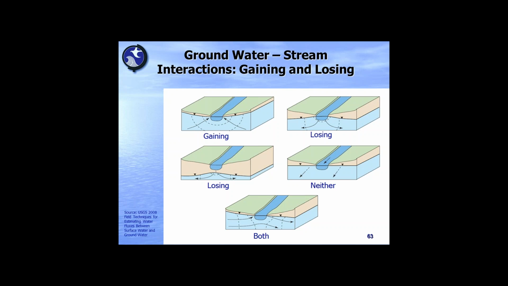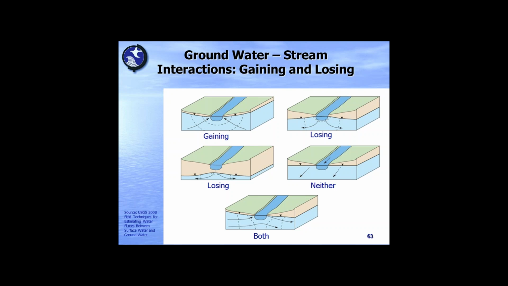There's also a situation where the groundwater gradient parallel to your stream is equivalent to the gradient of the stream, and you will have no interaction between the surface water and the groundwater. And lastly, you can have a combination gaining losing, where you have groundwater flowing into a stream on one side and then out of the stream on another side.